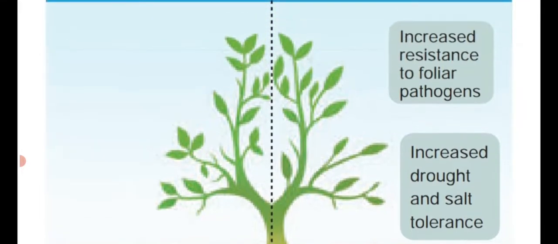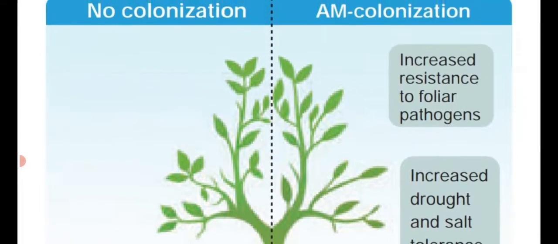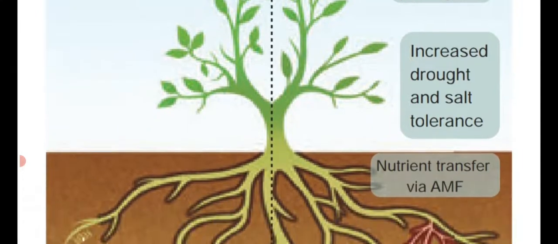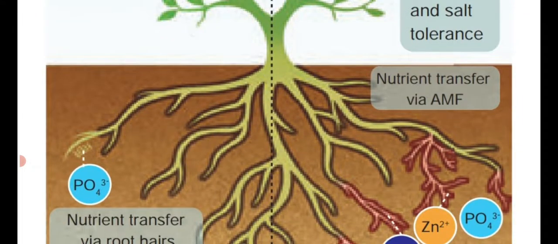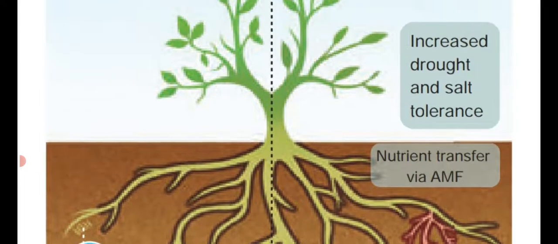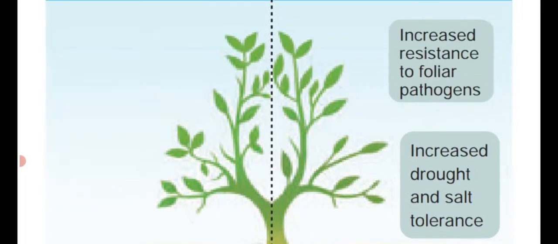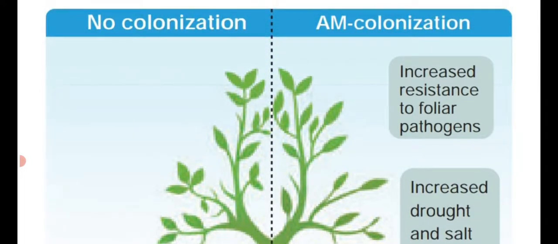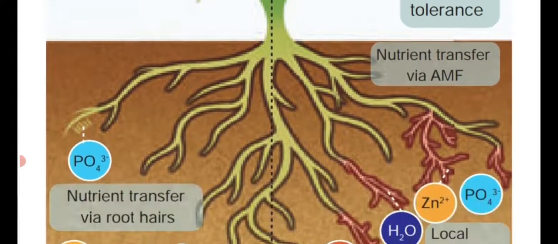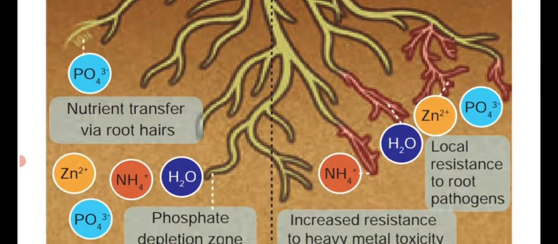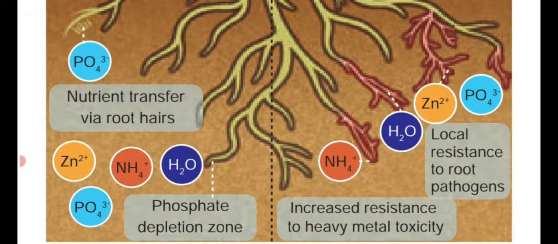But on the right side, the soil contains the arbuscular mycorrhizae. So, on the right side, the arbuscular mycorrhizae dissolve the phosphate molecules.